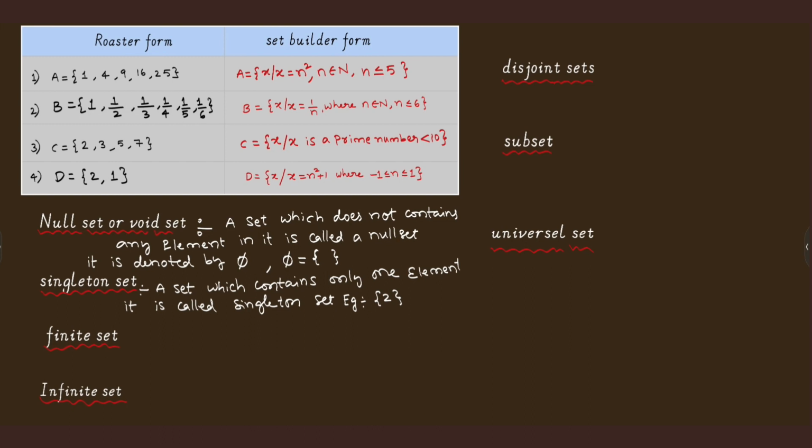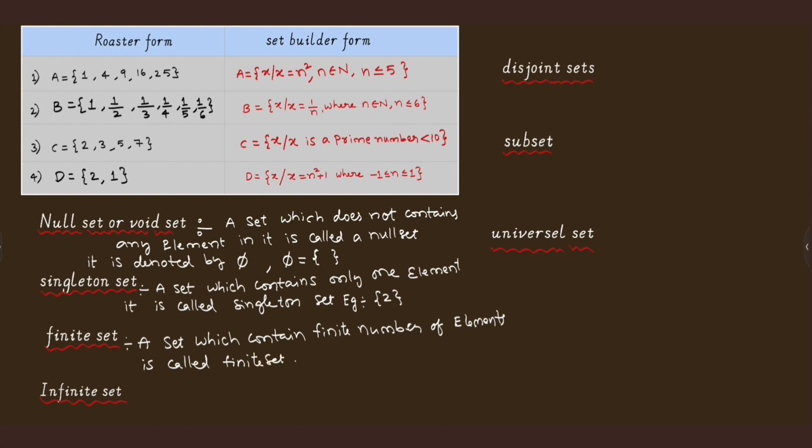Now we have finite set. A set which contains a finite number of elements is called a finite set.